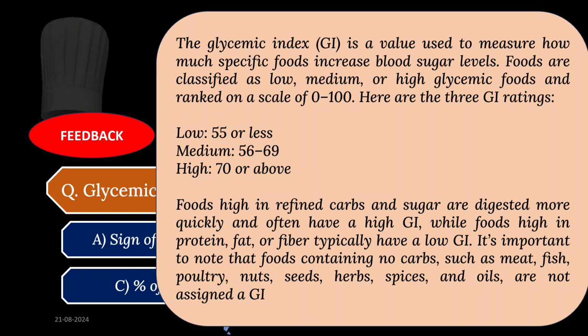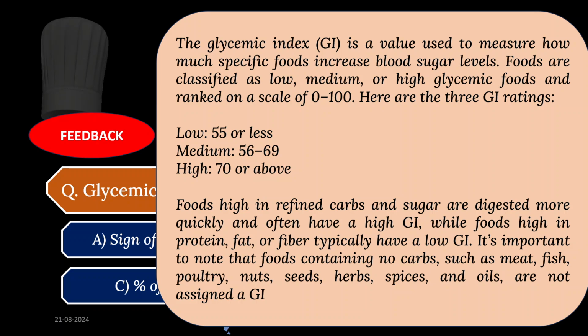Foods are classified as low, medium or high glycemic food and ranked on a scale of 0 to 100. Here are the 3 GI ratings. Low GI means 55 or less. Medium lies between 56 to 69, and high means 70 or above.